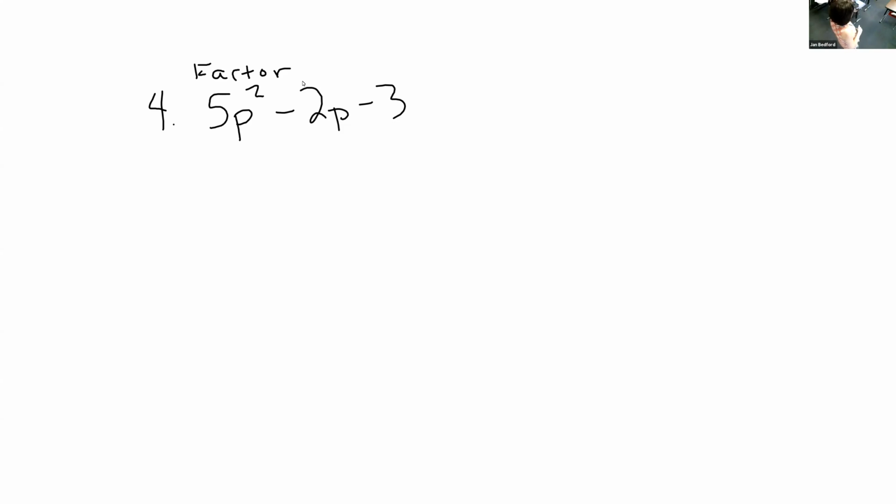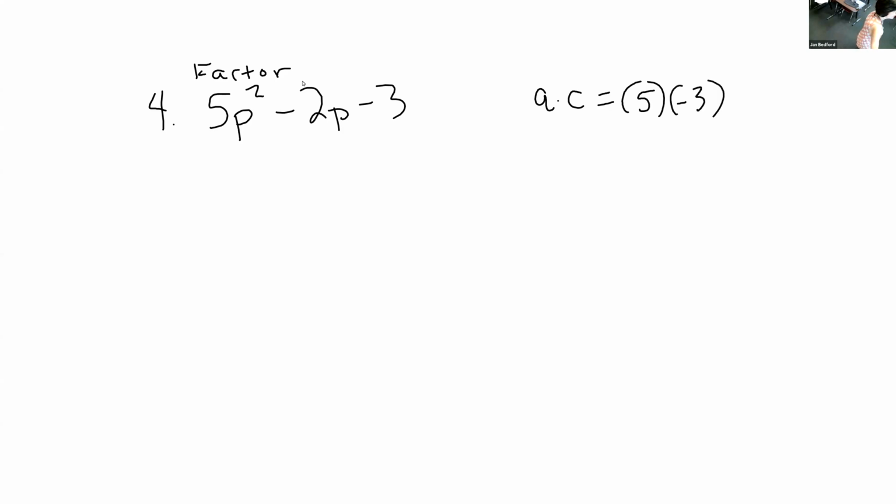That means that I now look at the fact there are 3 terms, and I'm going to try to use the AC method. Now, somebody tell me, what's my A value? 5. What is my C? -3.